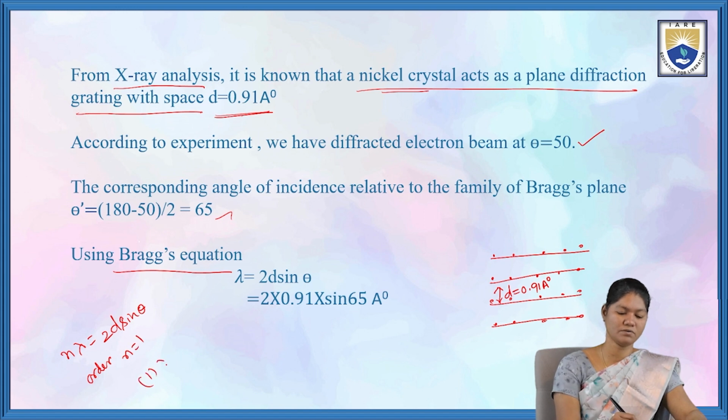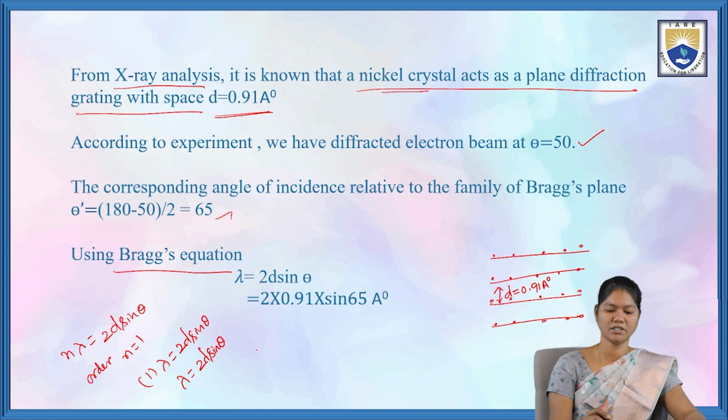So 1 into lambda is equal to 2d sine theta. So it is equal to 2 into the interplanar spacing d, 0.91, into sine 65 angstroms.